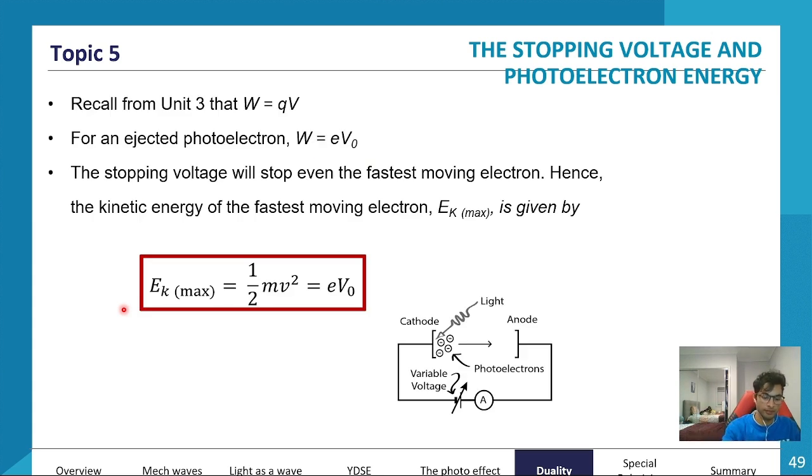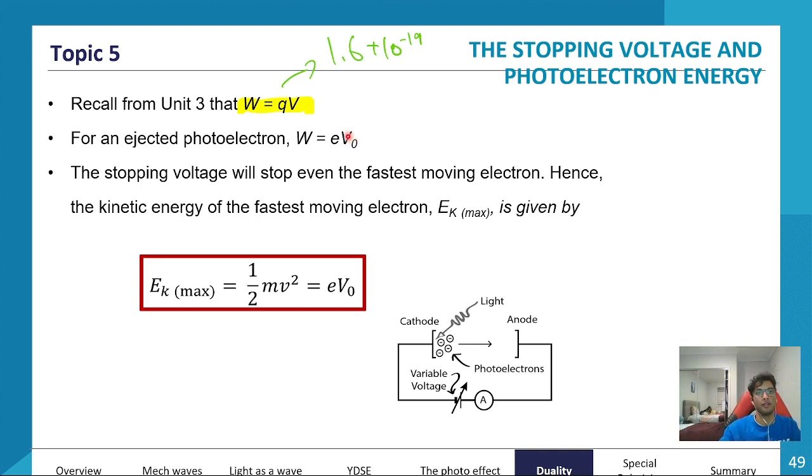And this is how we can calculate how much energy the electron has. From unit 3, we know that work is equal to Q times V, where Q is your charge and V is your voltage. Since the reverse potential is creating current in the opposite direction, the charge is the charge of an electron, so this E would be 1.6 times 10 to the negative 19. So work is equal to the charge of an electron times the stopping voltage, and all of this is equal to kinetic energy.